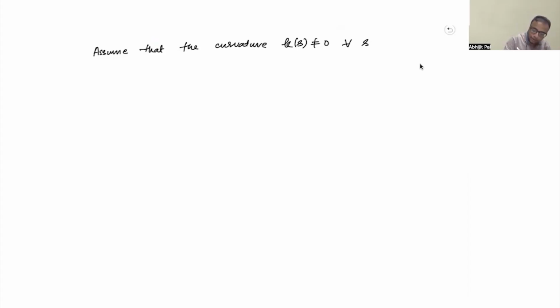Now define Ns to be equal to 1 by ks times T dot s.